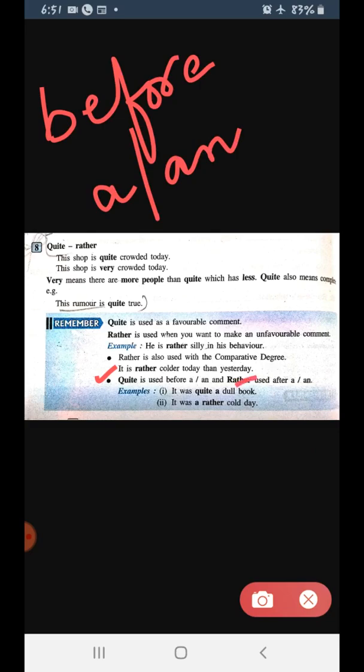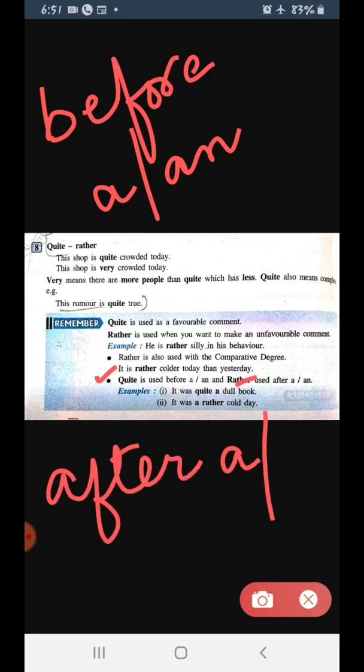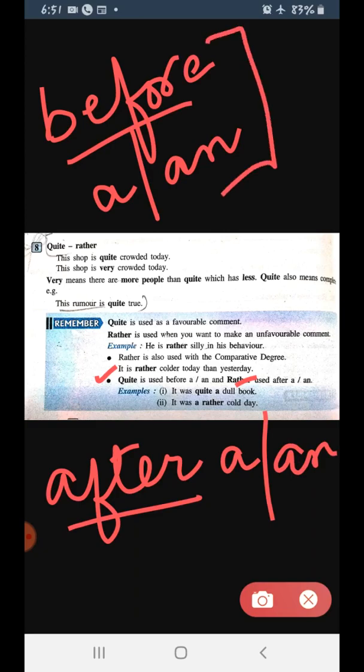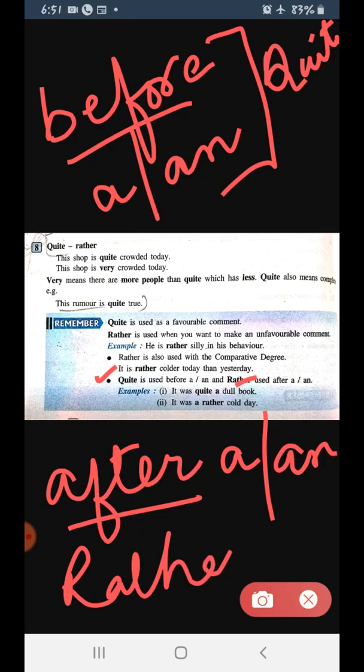Okay, and rather is used after a or an. Remember, before, after. This is quite and this is rather. So rather is used after a or an, and quite is used before a or an.